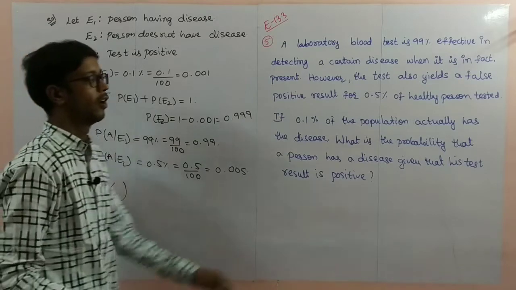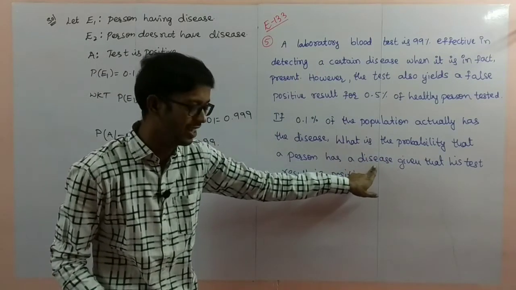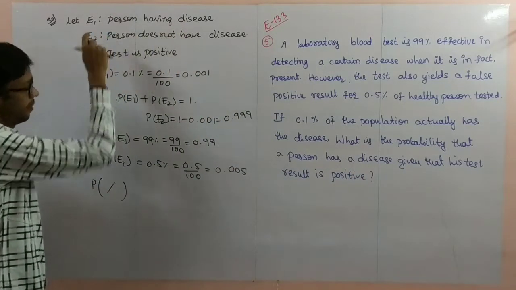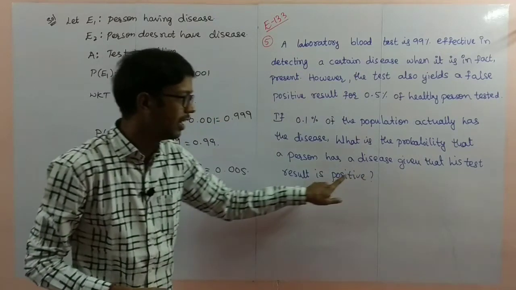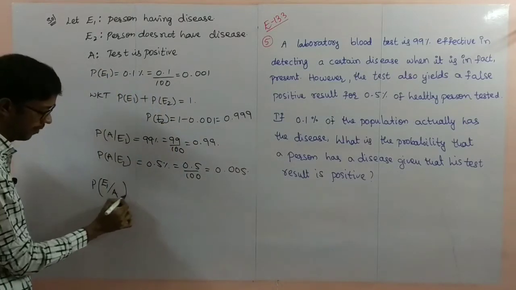What is the probability that a person has the disease, meaning E1, given that his test is positive? His test is positive means A.